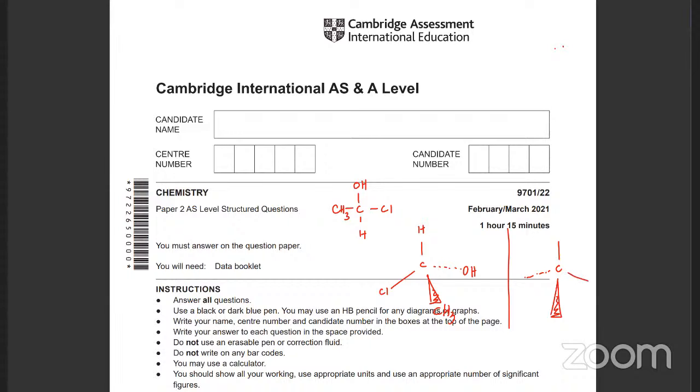So, plus, although there hasn't really been a specific question on this, at least in AS, remember the mirrored version orientation is not always the same.